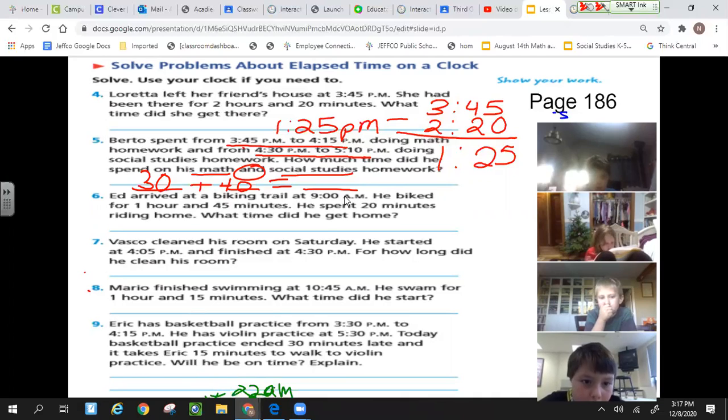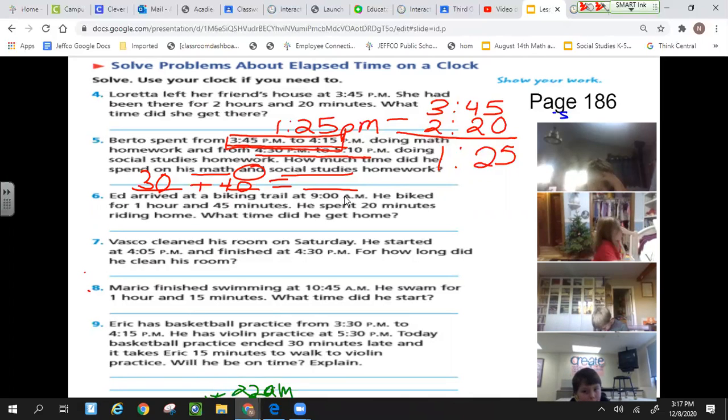7 o'clock. Well, it's not a time. It said how much time did he spend doing his homework? If he spent 30 minutes, you said 30 minutes doing his math, and you said 40 minutes doing his social studies. We want to know how much time he spent doing both of those. So you would add those two. What would you get if you added those?